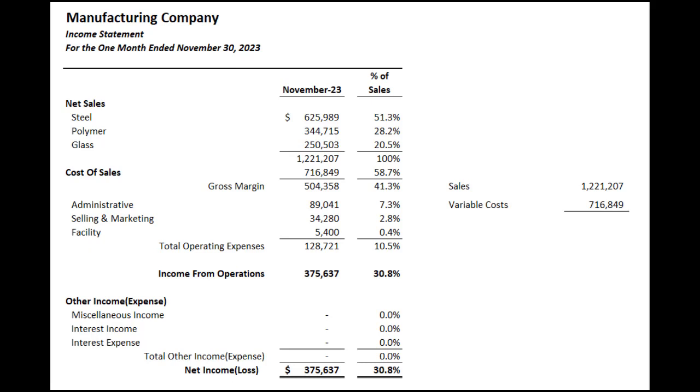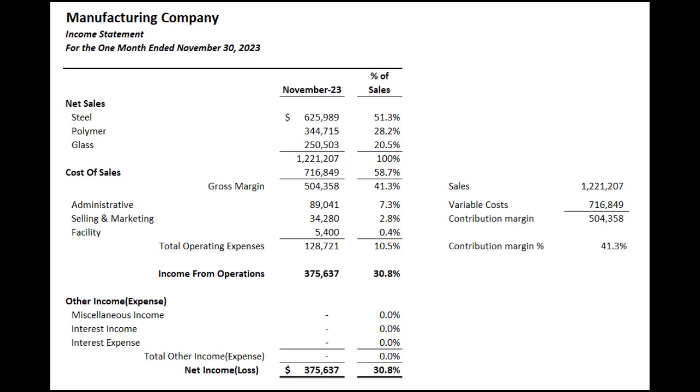Now in our example, we are going to assume that all the cost of sales right here are variable costs. For simplicity, a lot of times you'll have fixed costs built into the cost of sales, but for our example, we're just going to assume they're all variable costs. So here we have our total sales, and our variable costs come down to our contribution margin.